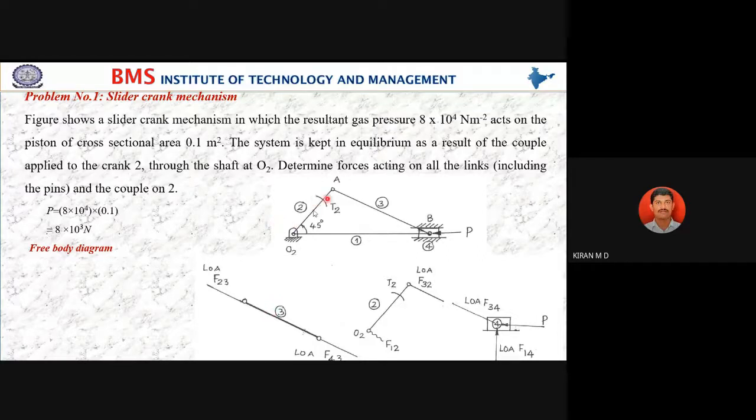Similarly, this is the piston, this is the crankshaft. It is applying the force. Link 2 is acting on link 3, F23. Then another one, this link 2. Okay, on link 2, the force from link 3 is acting on link 2, so F32. Then a similar opposite force is developing, that is F12.